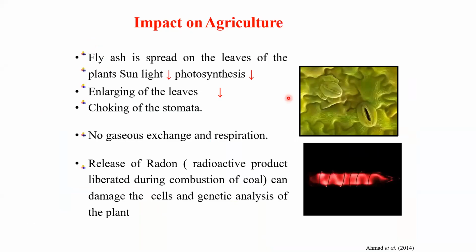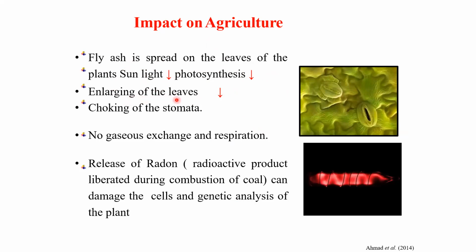So, impact on agriculture: fly ash is spread on the leaves of the plants. The sunlight falling on the trees gets reduced, and the process of photosynthesis also gets reduced.